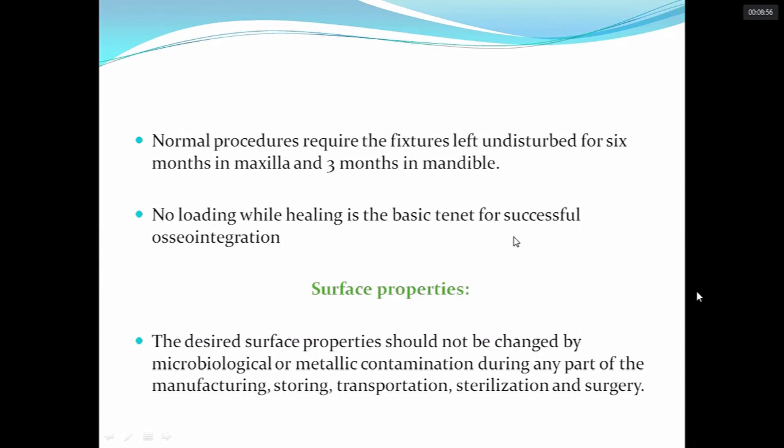That's why while placing an implant, you should not touch it with any instrument. And if the implant falls down, then you have to change the implant, because there will be changes in the property of the implant surface, which can prevent osseointegration. The implant comes in an implant box which is sterilized, and you have to place that implant in the alveolar bone without touching anything.